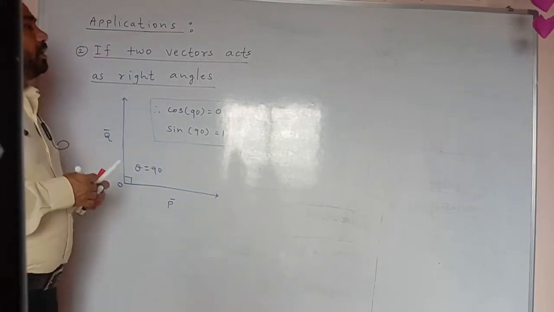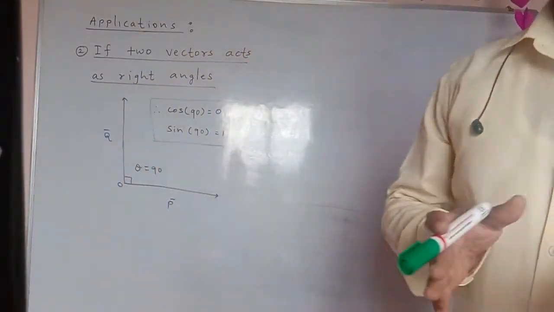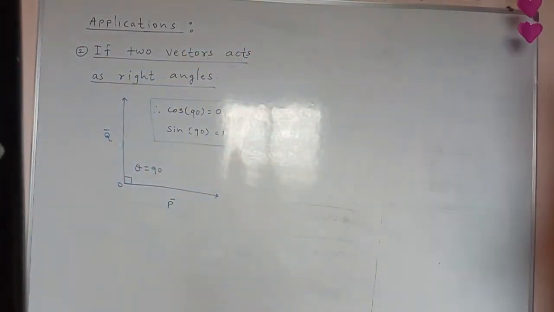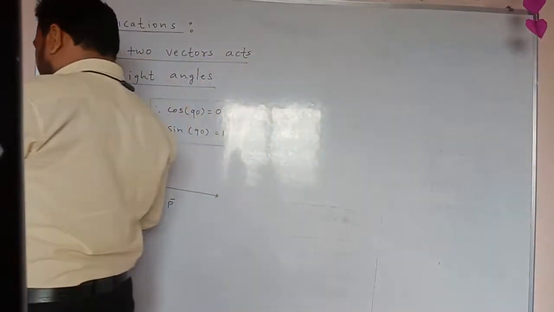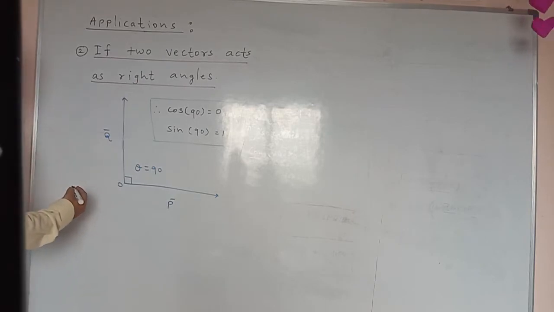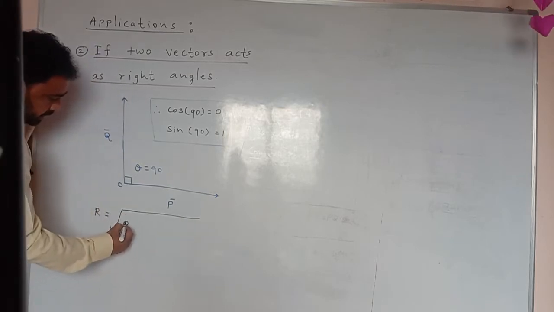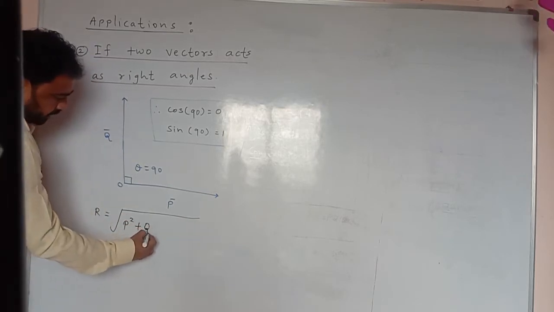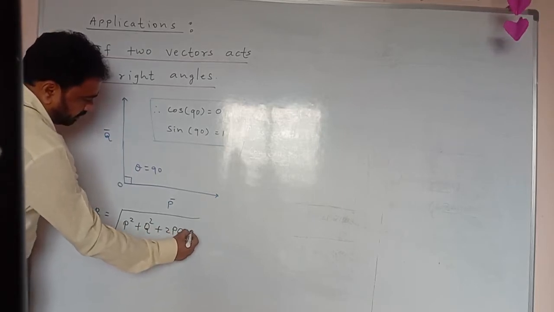Now first of all, we have to find the value of the resultant, that is the value of capital R. How can we find the resultant value? For that purpose, the resultant R is equal to under root P square plus Q square plus 2PQ cos theta.